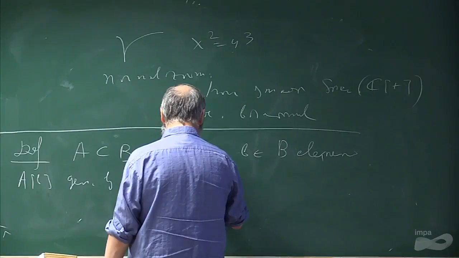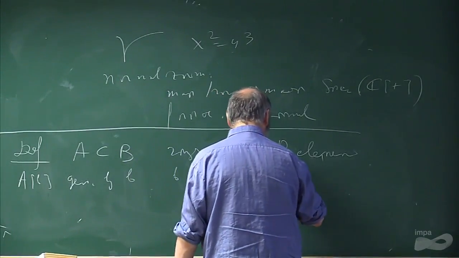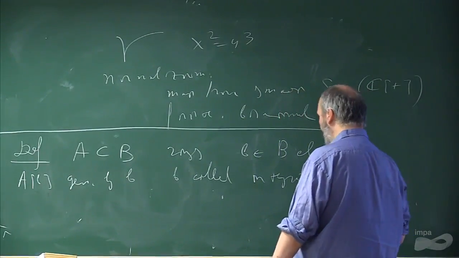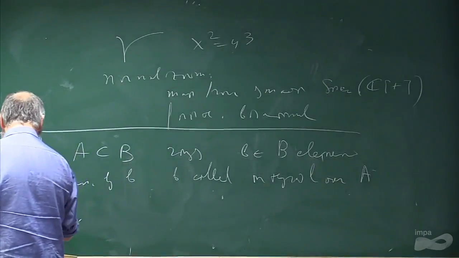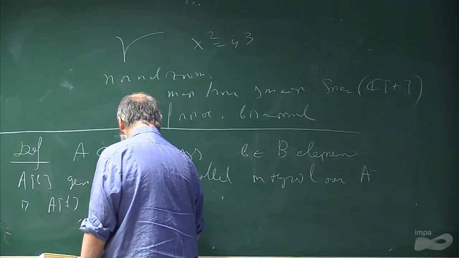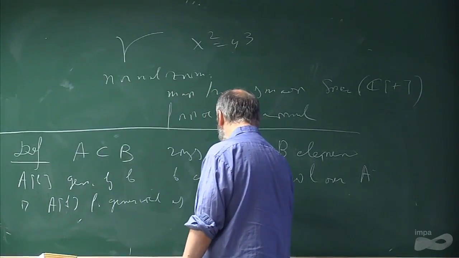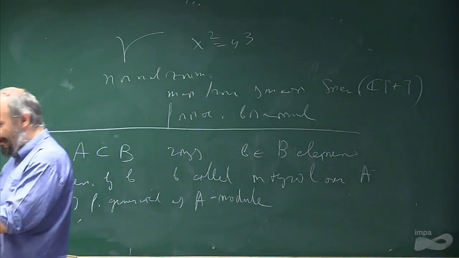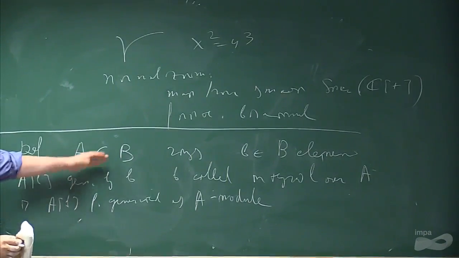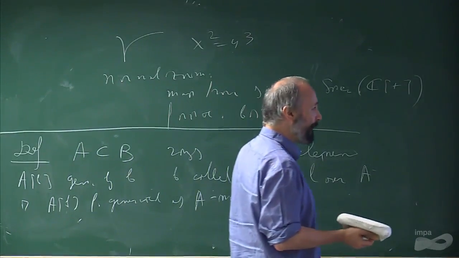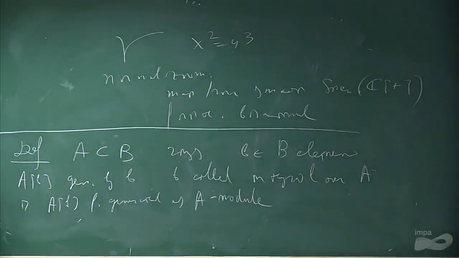And b is called integral over A, or integrally dependent, if A[b] is finitely generated as a module. Finitely generated as a module is completely different from finitely generated as a ring. I mean, there's nothing to do between this. Both are finitely generated, but they're different. But we already had that.